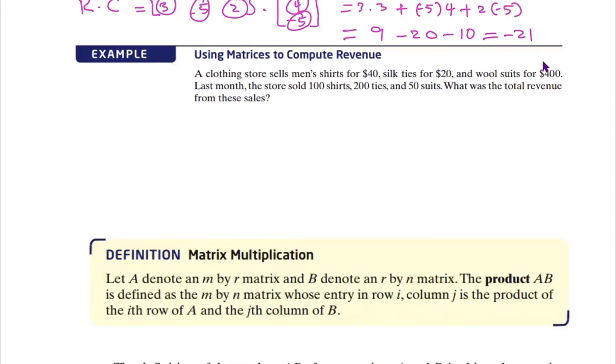Last month, the store sold 100 shirts, 200 ties, and 50 suits. What was the total revenue from this sale?